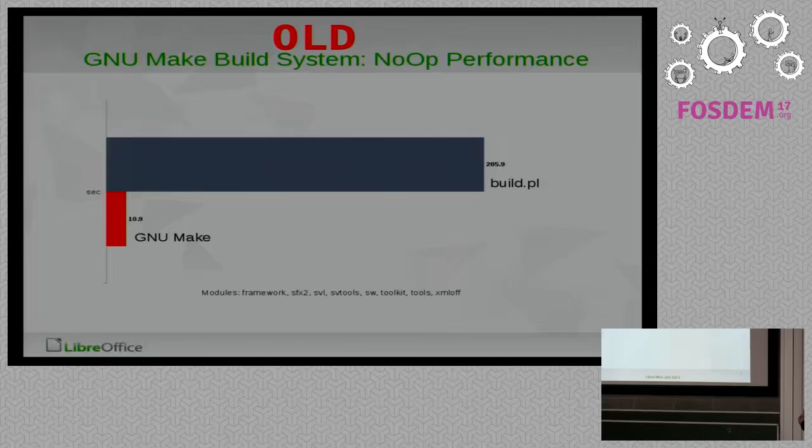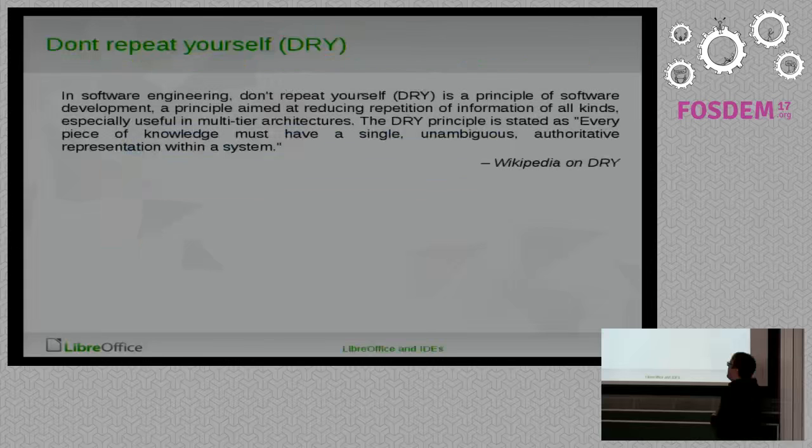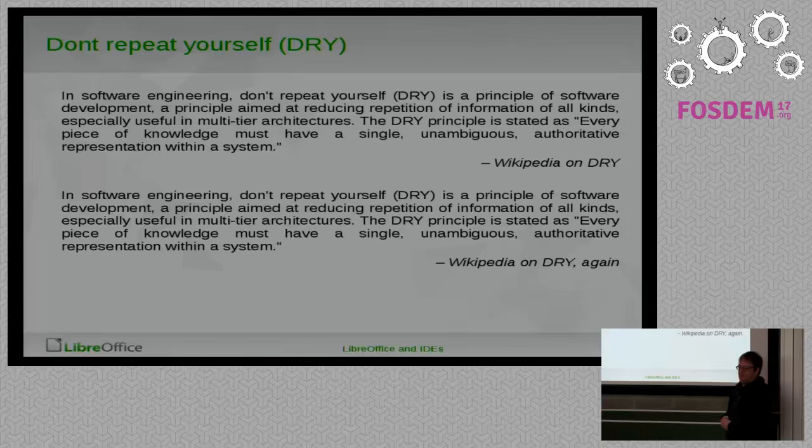So one other goal of this was to not repeat yourself, because repeating yourself is stupid, and especially if you're in the build system, you have multiple things that tell you how to build something. There can again be inconsistencies and stuff that can create issues.